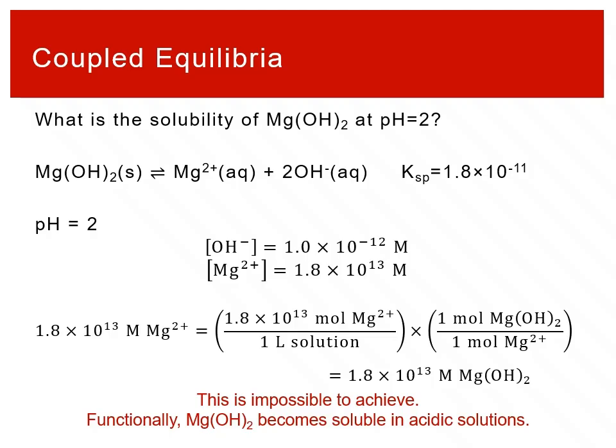That many moles is a lot more than one liter can hold. But you can dissolve as much magnesium hydroxide functionally as you want. Magnesium hydroxide also is going to start to lower the pH, so there are more complicated things to actually making these things. But if you could keep it at pH 2, you could dissolve as much magnesium hydroxide as you want.